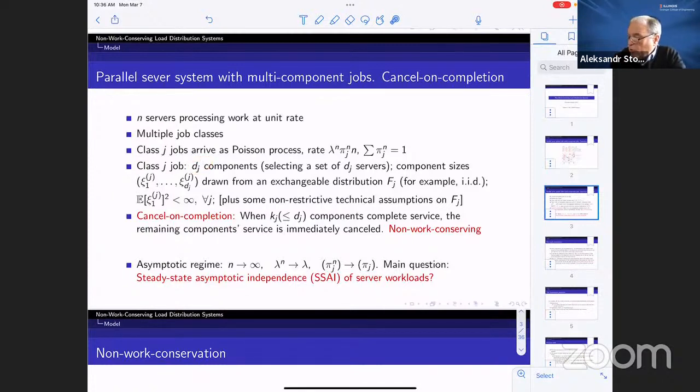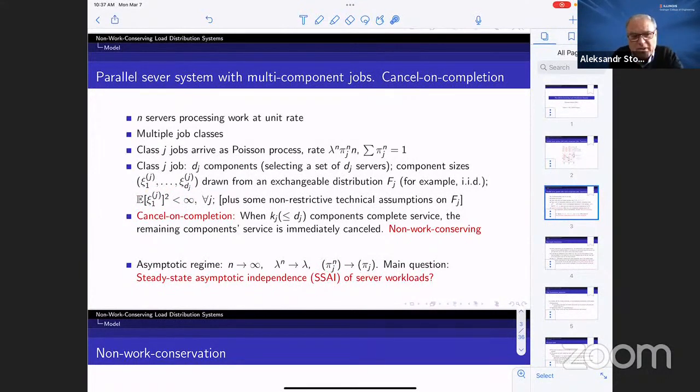dj is the number of components. kj is the number of components which need completion. About the component sizes, we make an assumption that they follow some exchangeable distribution. IID is good enough, so there is a symmetry. For the main results, we will actually need the assumption that the component sizes have finite second moment, but it's not needed for all results.